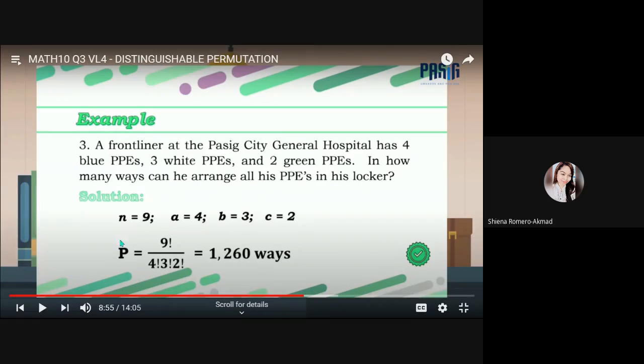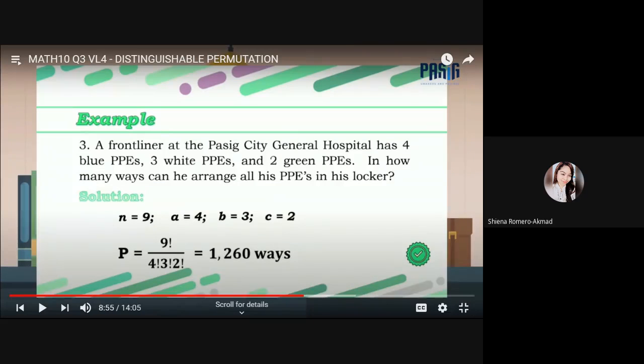Here, you use this when there are items or objects that are all the same. Like here, the PPEs are all the same, but they differ in color, in print, and so on. For example, 3 of them were printed like this. It could also be books. For example, 2 of them are math books, 5 of them are science books, and so on.